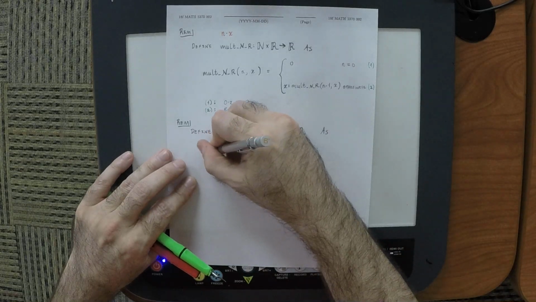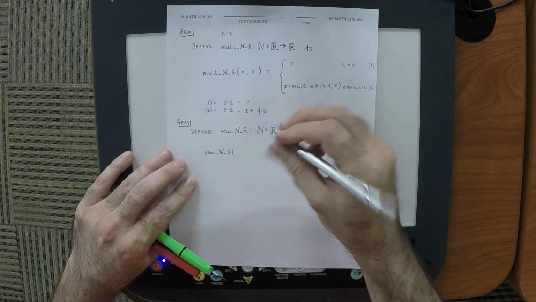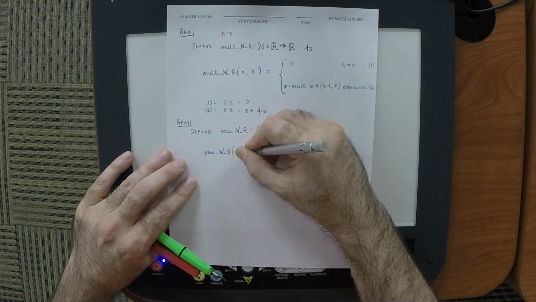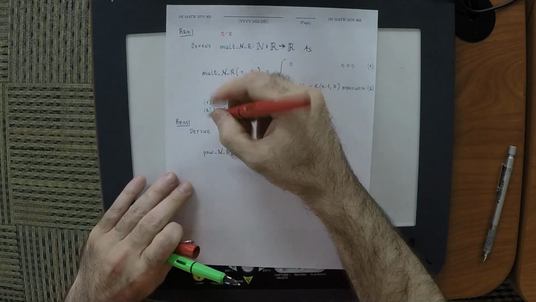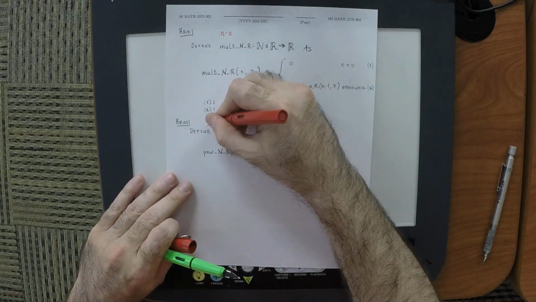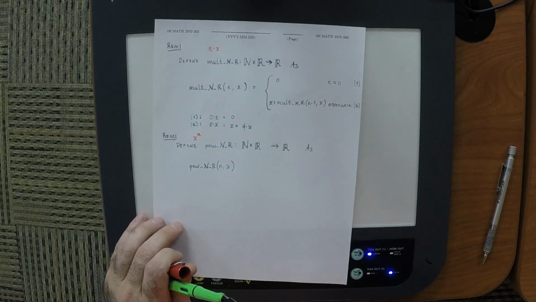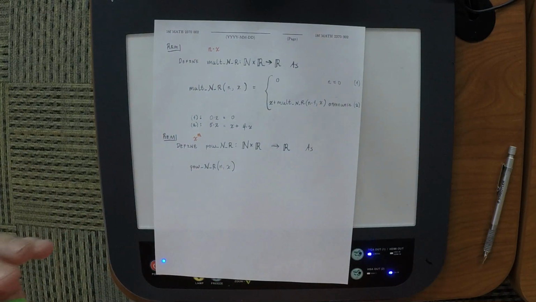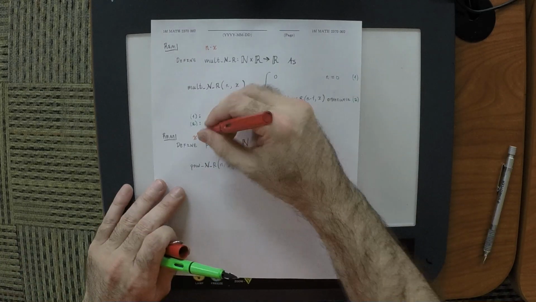So POW_n_r of n and x. And again, conceptually, what we're doing here is we want to define x to exponent n. But again, it's not permitted that we should use that.